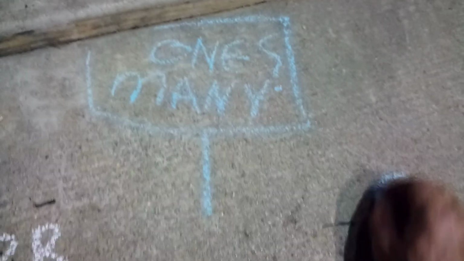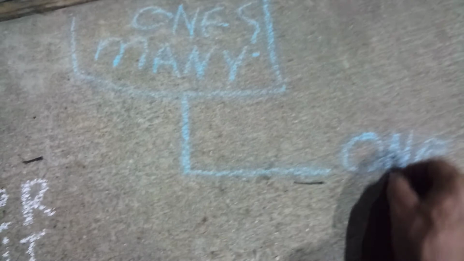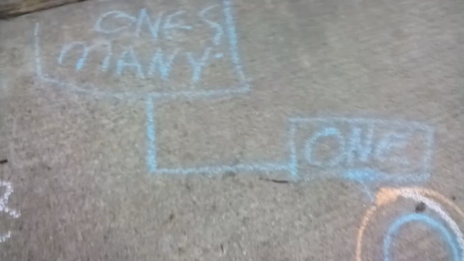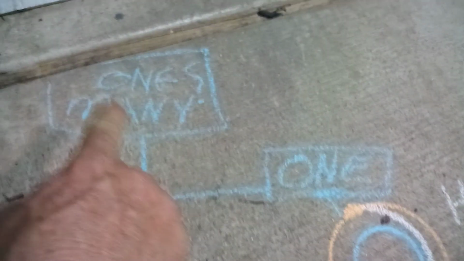You come down here and you go 1, that's for 1. 1 means Holman transfer.